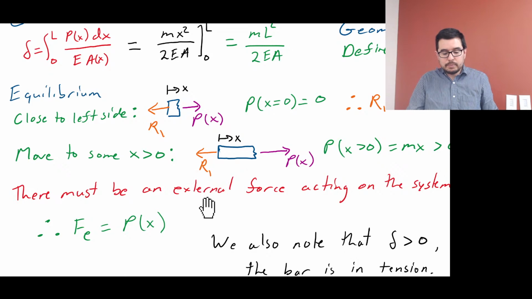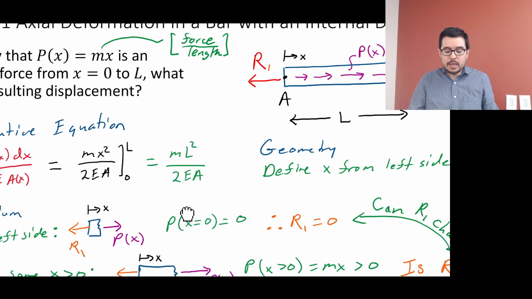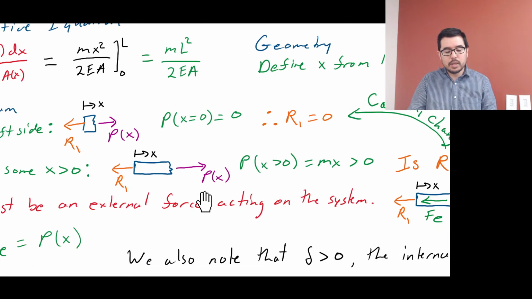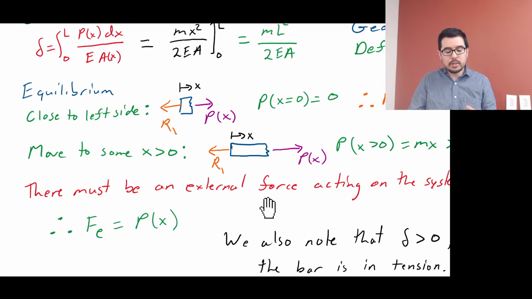You could have another force here, like an offset force if you're pushing or pulling on the right side, that you then have to do on the left side to make things balance out. But if R1 is equal to 0, then we have this external force acting on it, and it's equal to the internal force.